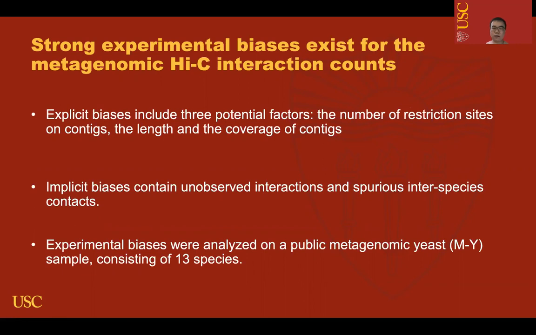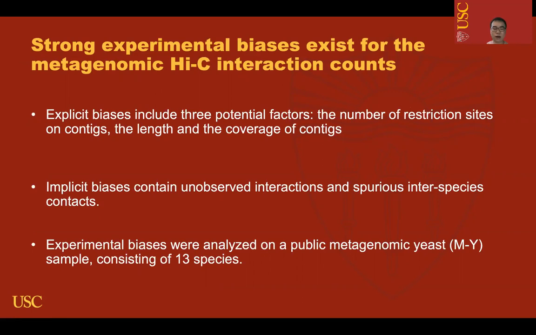Explicit biases include three potential factors: the number of restriction sites on contigs, the length, and the coverage of contigs. Actually, all the explicit biases can be observed. Implicit biases contain unobserved interactions and spurious interspecies contacts.